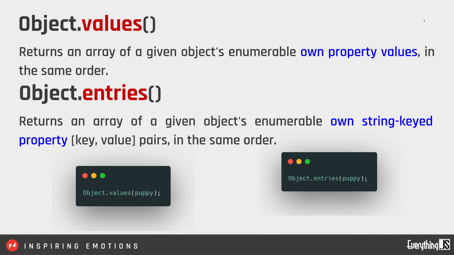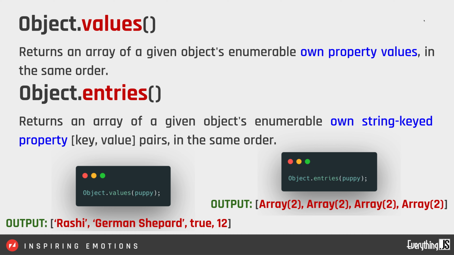Okay, I guess you all know the answer but are not answering. So this is what you're going to get. When you get entries, it will have an array of arrays, and the inner arrays will contain the key value pairs, and values will give you all the values.